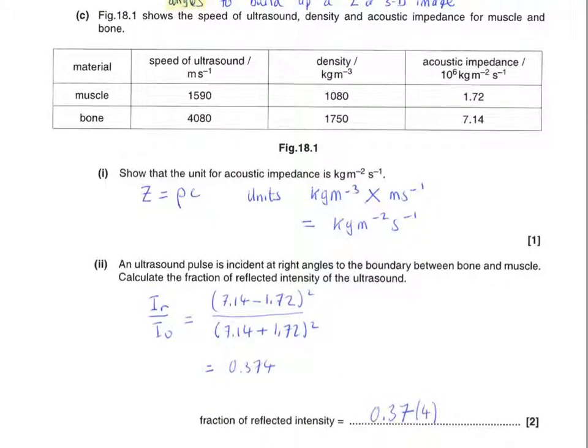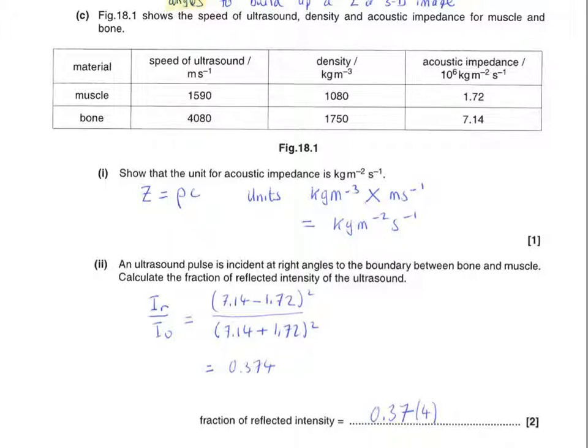Next, you are given some data showing the speed of ultrasound in muscle and bone, and also the density of muscle and bone and the acoustic impedance of muscle and bone. Show that the unit for acoustic impedance is kilograms meters to the -2, seconds to the -1.